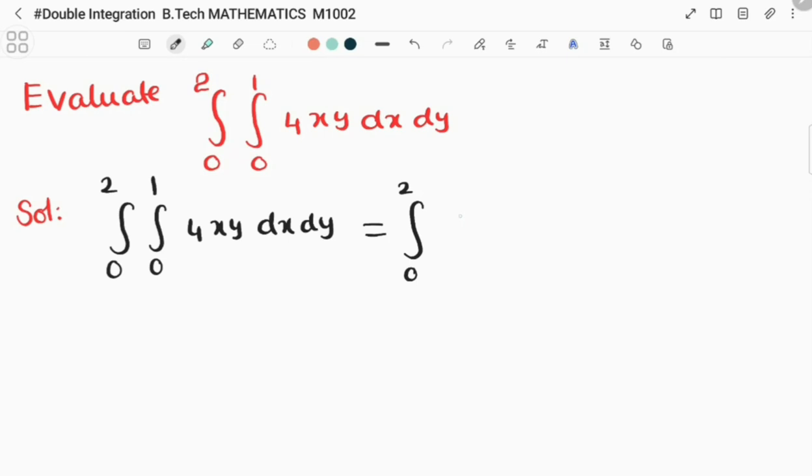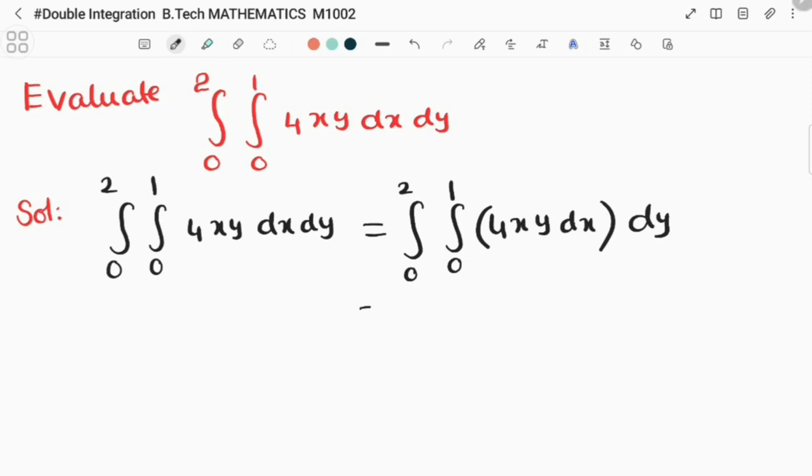First, I am doing integration with respect to y. That means this integral 0 to 1 is there, no? So first you write 4xy dx dy. You remember that whenever with respect to y we are integrating, the rest of the terms we can treat as constants.